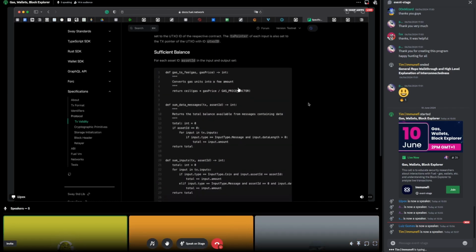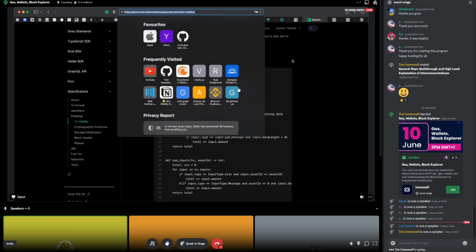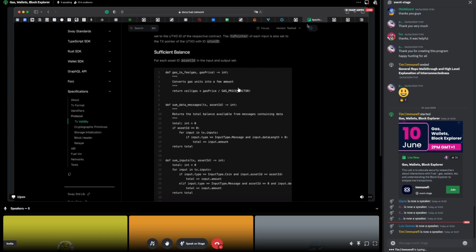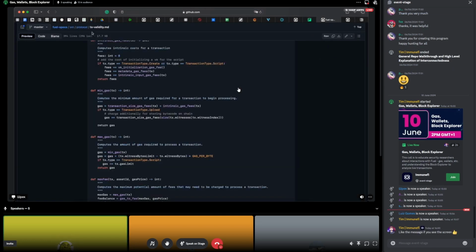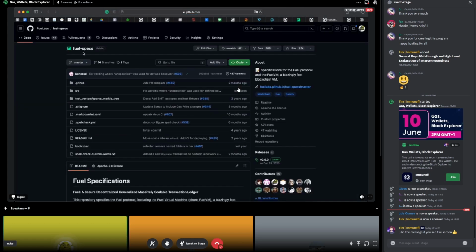Okay, so I think we can start with gas pricing. For people who attended the previous call, I mentioned that we have the Fuel specification repository. That repository is the main source of truth regarding how the protocol works.